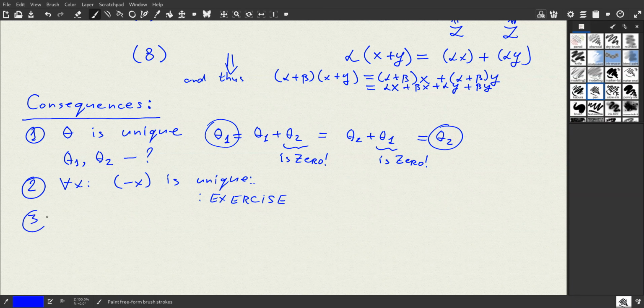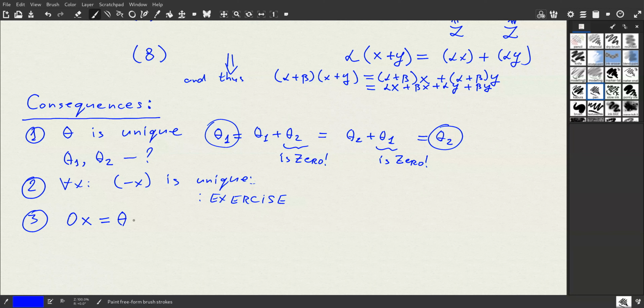Number 3, an interesting thing. We said that 1x is equal to x. That is an axiom, you remember. What about 0x? 0x is theta, right?